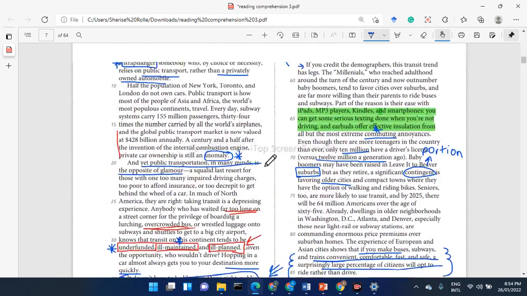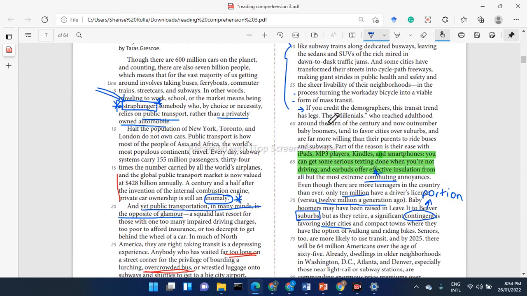All right. Here, it wouldn't be the best answer in terms of its context. The author is basically saying if you believe what the demographics are saying. So you're looking for the best replacement of the word credit in this statement. I originally thought it was endow, but I switched my answer to attribute because I thought it made the most sense.